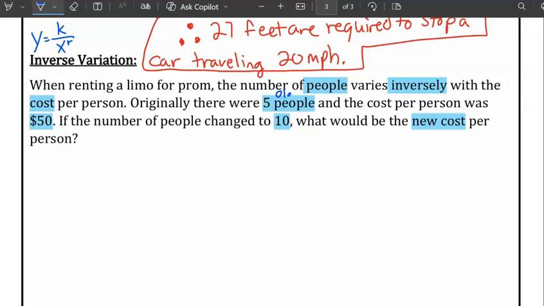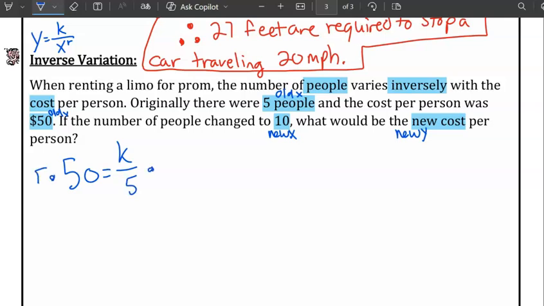We have our old x and our old y. Now we have the new x, and then we're going to solve for the new y. We have 50 equals k divided by 5.